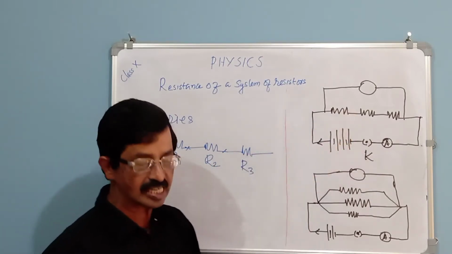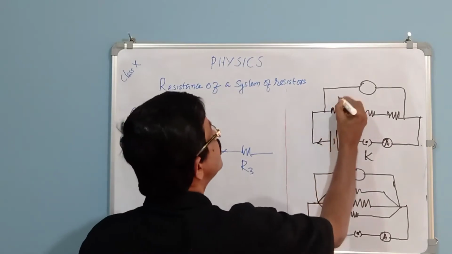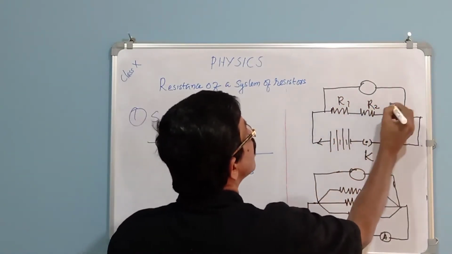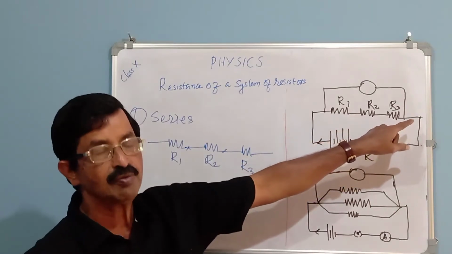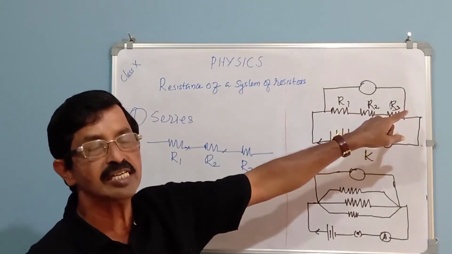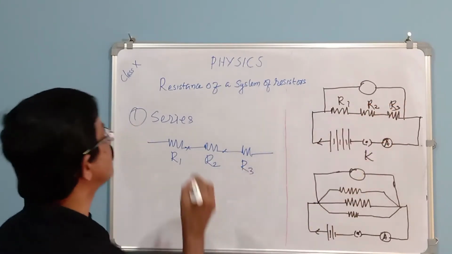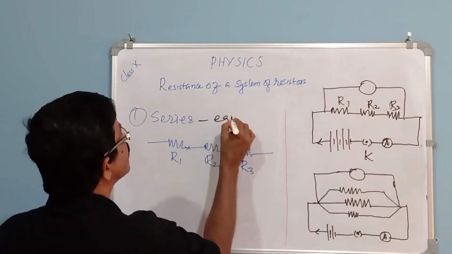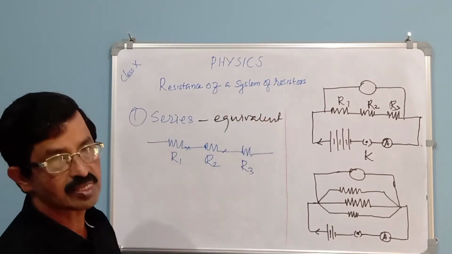Then R1, R2 and R3 are connected in series. We want to find out the effective or equivalent resistance when they are connected in series.